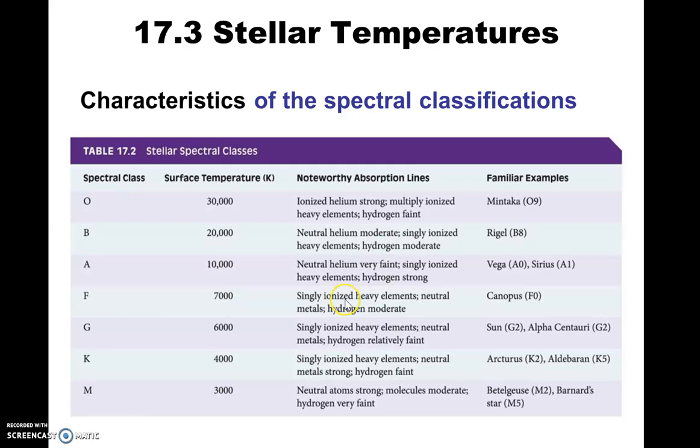The next one is the F stars. Again, one electron has been stripped off of some of the heavier metals, and you get many neutral metals, and the hydrogen lines are relatively moderate. That is the intensity of it.